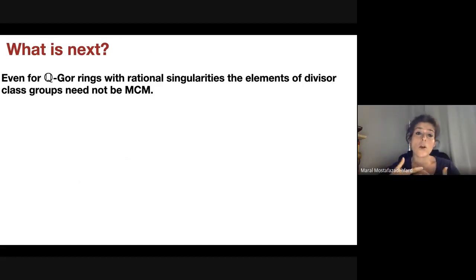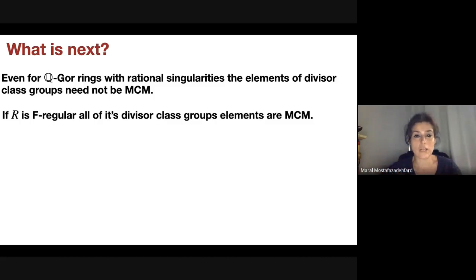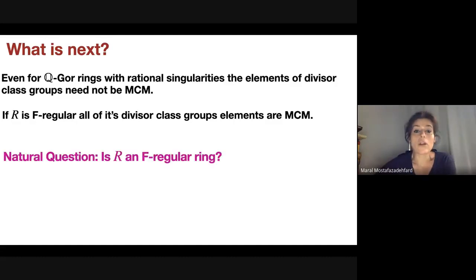It encourages us to think that maybe we can say something better than rational singularities. For example, if we look at F-regular rings, for F-regular rings all of the divisor class group elements which have finite order are maximal Cohen-Macaulay. So maybe the Hankel determinantal rings are F-regular.